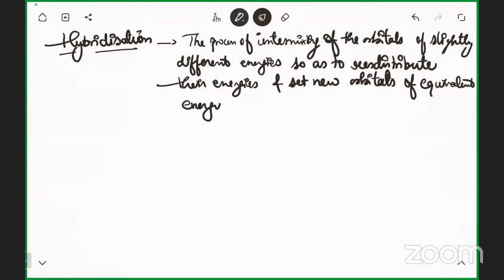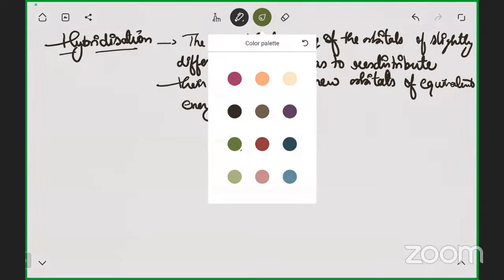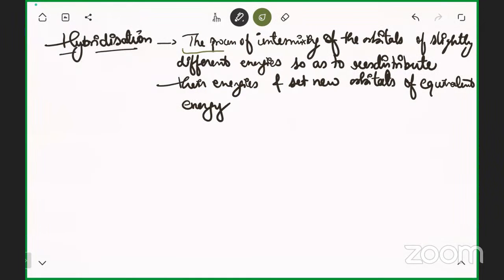See, the definition is in parts. The first part is the process of intermixing of orbitals of slightly different energy.